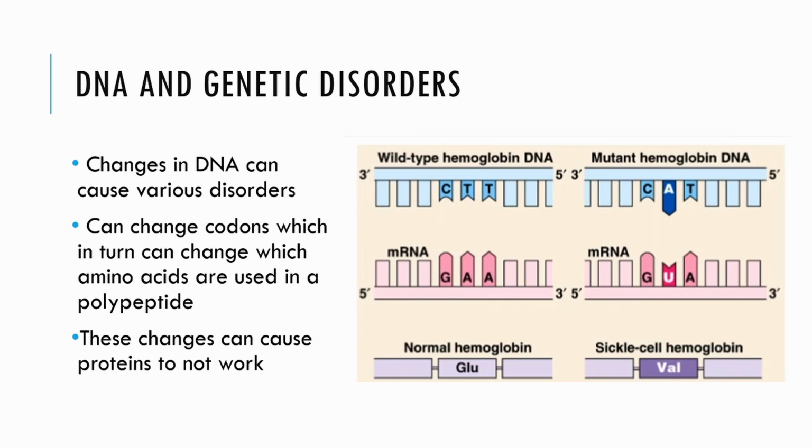The hemoglobin molecule under normal circumstances helps carry oxygen around our body, but since the shape has changed, it can no longer carry that oxygen the way it would. It no longer functions properly, which means someone with sickle cell anemia would have a really hard time with their red blood cells and with moving oxygen around their circulatory system.